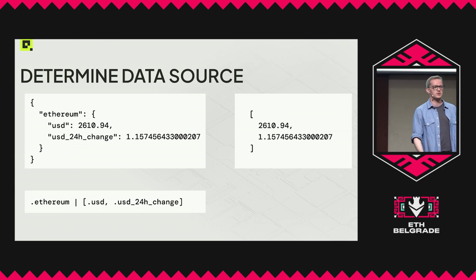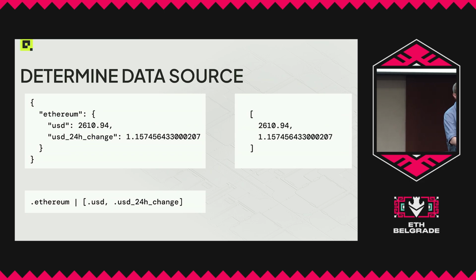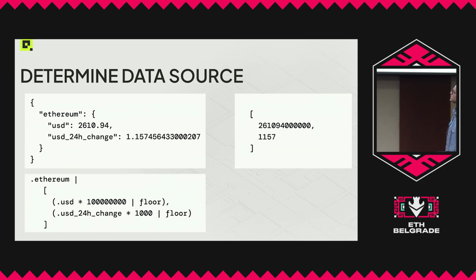In this way, we also can't move it back on chain, because on chain we can work only with integer numbers. So let's modify our jq a little bit, add multipliers and rounding. And after this change, we can get an array of 2 integers.